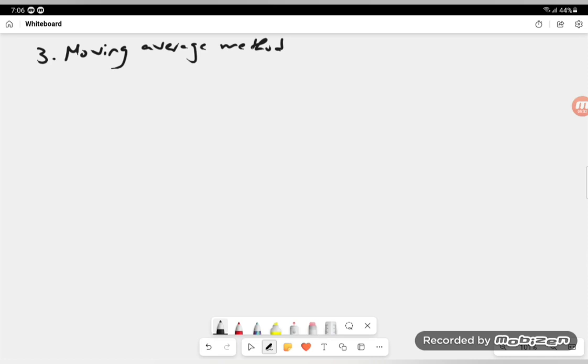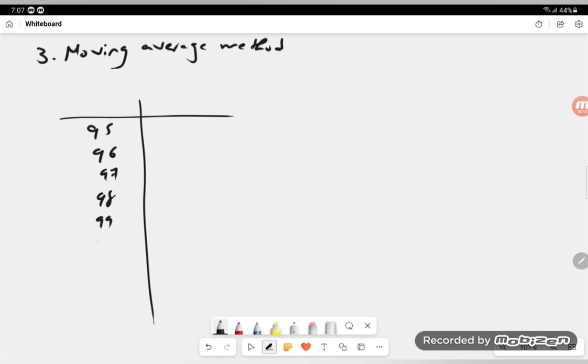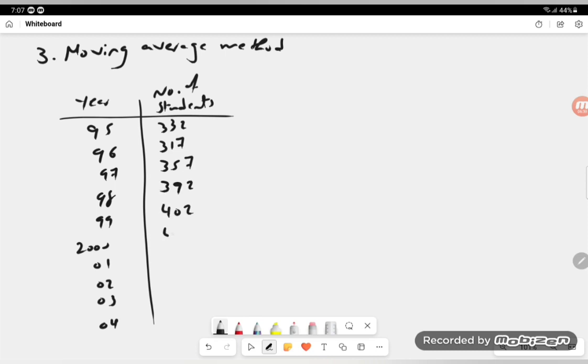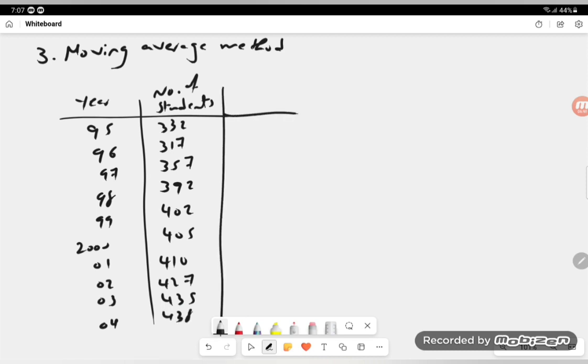Here is our example. Year 1995, 96. The first step is to decide the period of moving average.